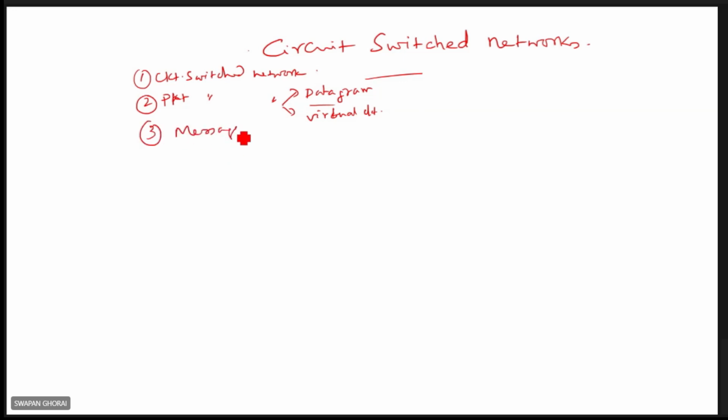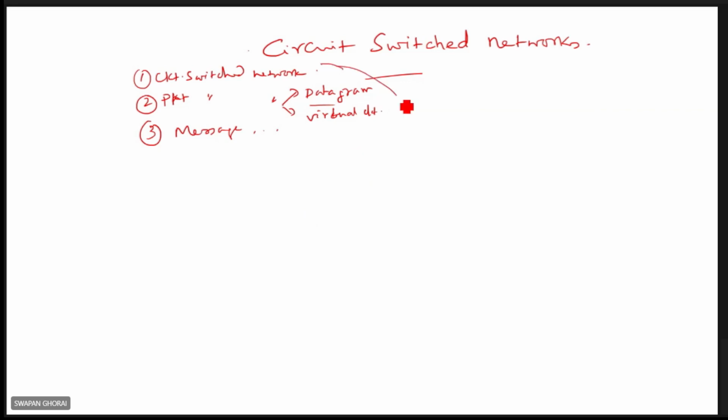I told you this is obsolete now, but still it is used in emailing. Here the switch stores the whole message and then forwards it to the next switch. So these are the three switch networks. As far as we'll focus, I told you we'll focus on these two networks, circuit switch network and packet switch networks, which are widely used.